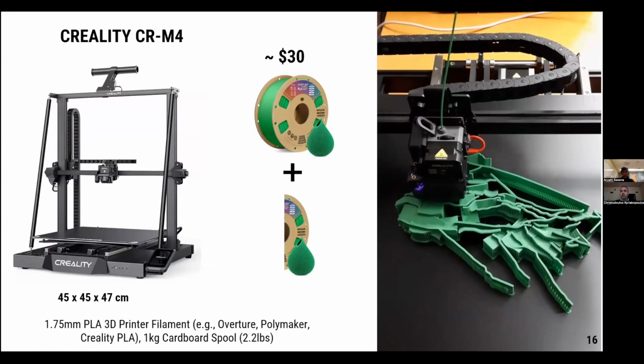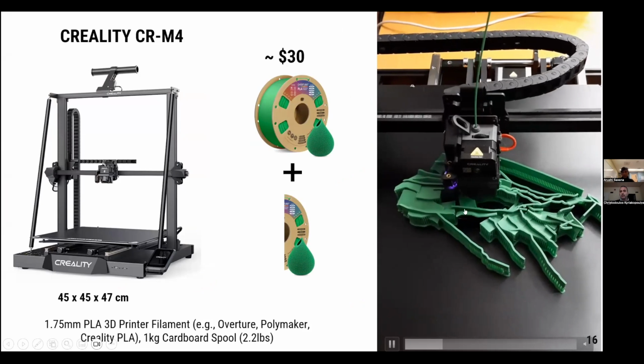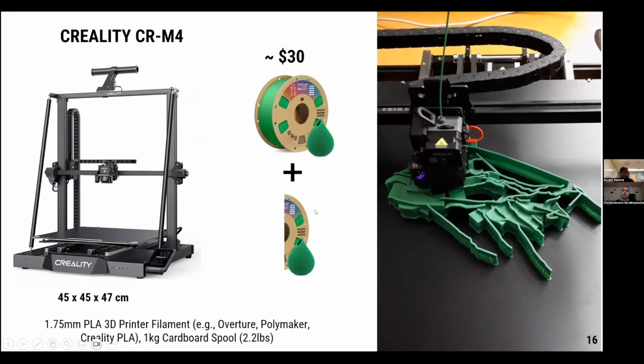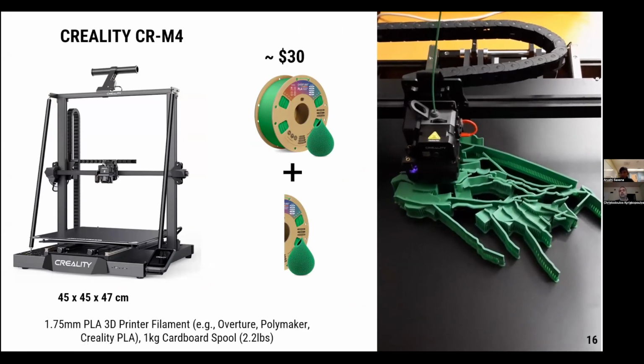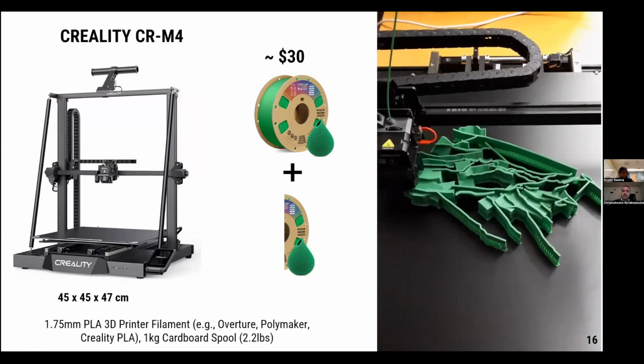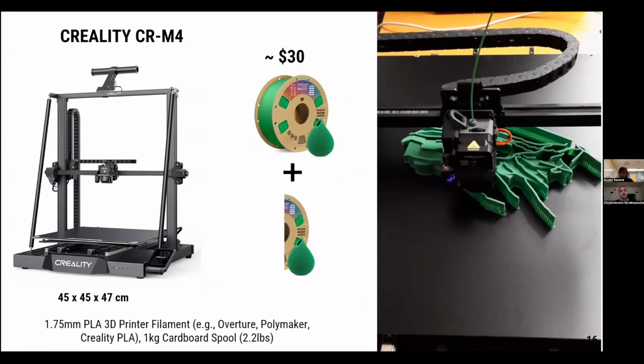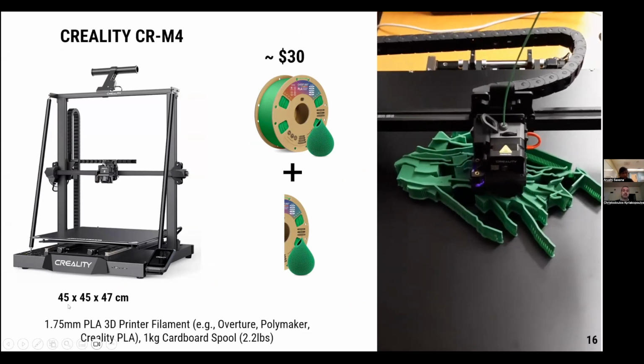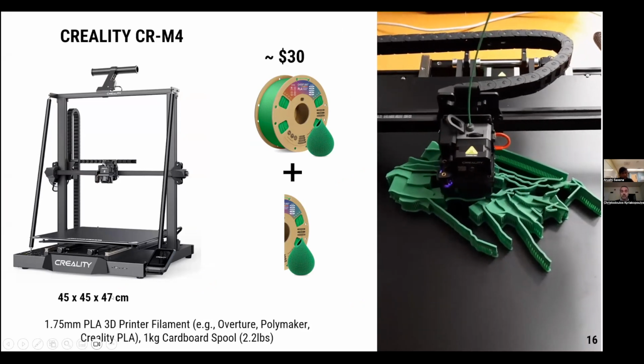I would like to show you how 3D printing looks for a fault system. I don't have a video from the MakerBot Replicator. I'm showing you a video from a new printer I bought last year, the Creality CR-M4, that, as you can see, has a significantly larger printing bed.